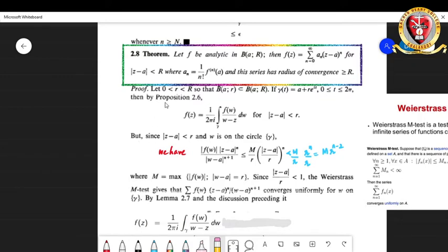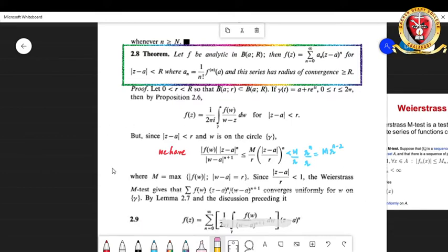Okay, so for that, let small r be such that 0 is strictly less than small r, which is strictly less than capital R. Capital R is already with us as the radius of this open disk. So this means that the open disk centered at a with this radius small r will be contained in B_A(R).